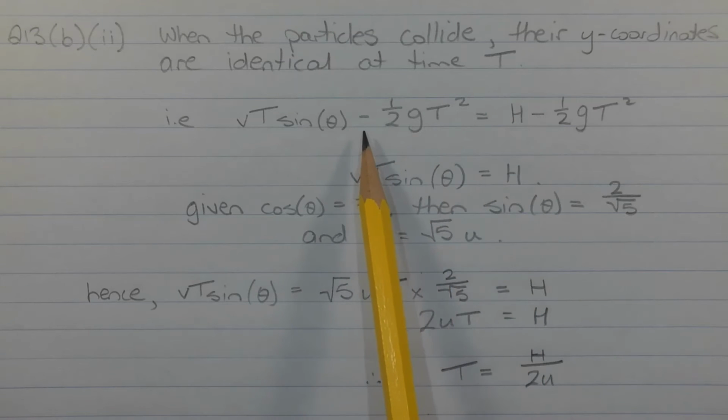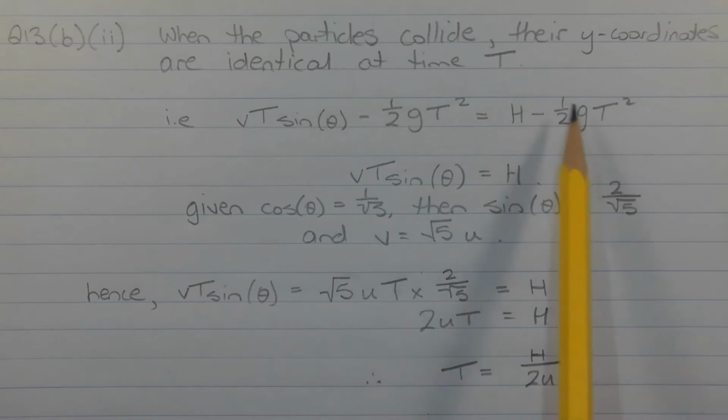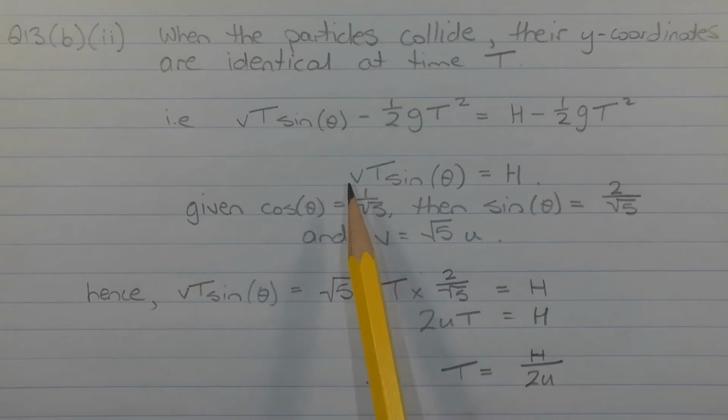Now we can cancel the negative half g capital T squared from both sides of the equation. So we get v times capital T times sine theta is equal to capital H.